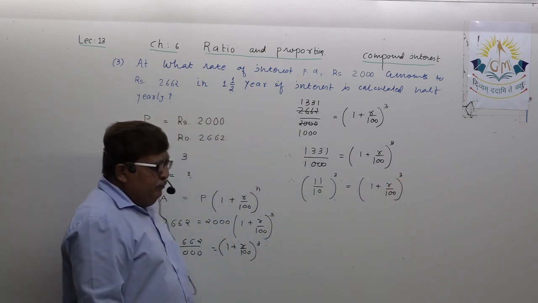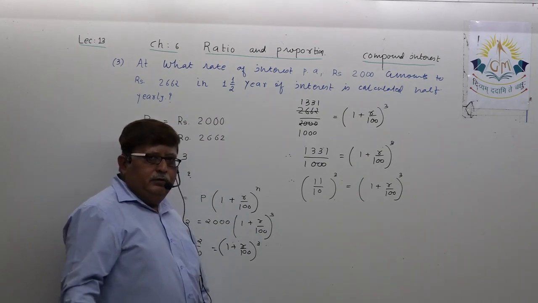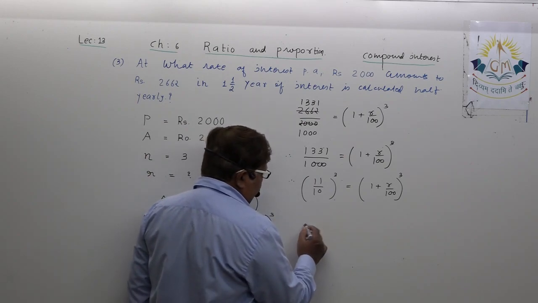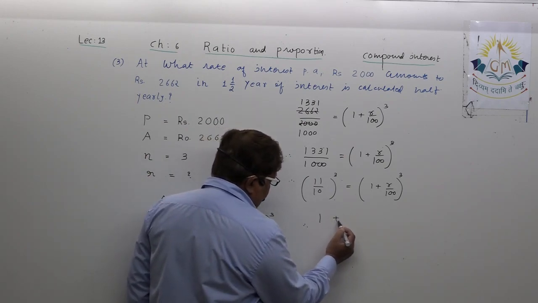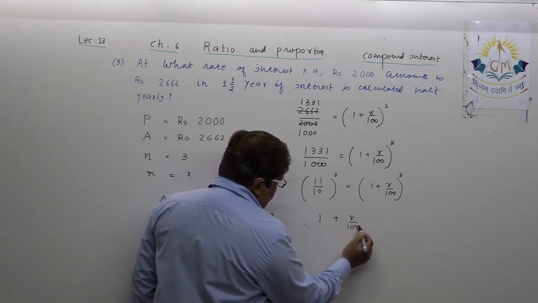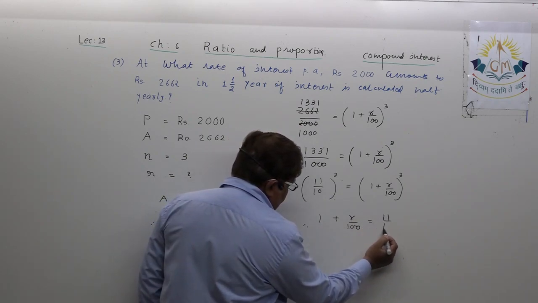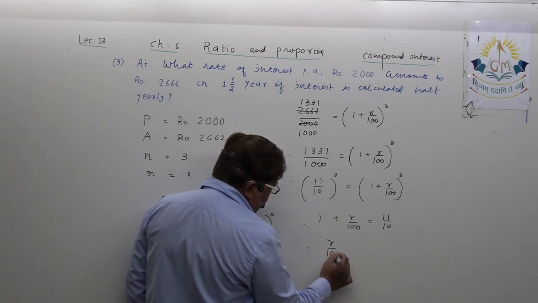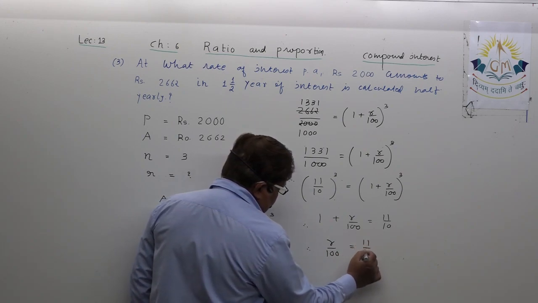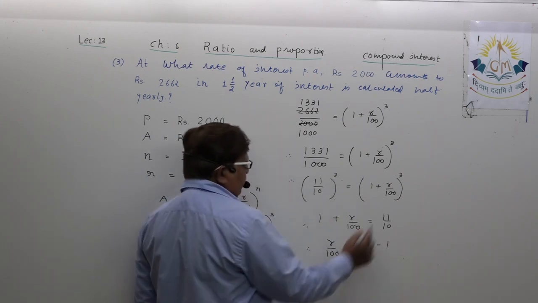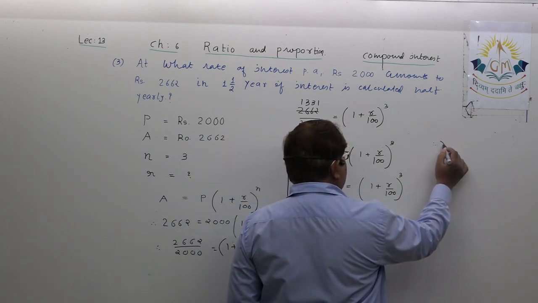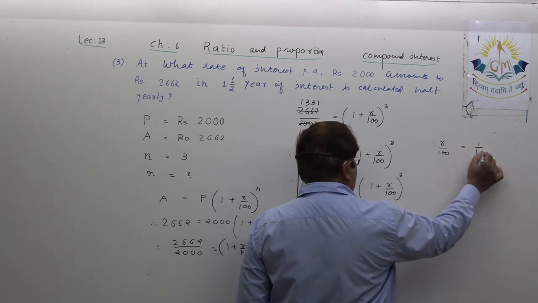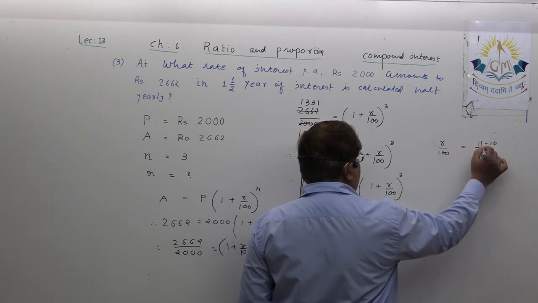The powers are equal, so it's a simple question of comparing the base. 1 plus R upon 100 equals 11 upon 10. So, dear student, let us transfer 1: R upon 100 equals 11 upon 10 minus 1, which is 11 minus 10 upon 10.